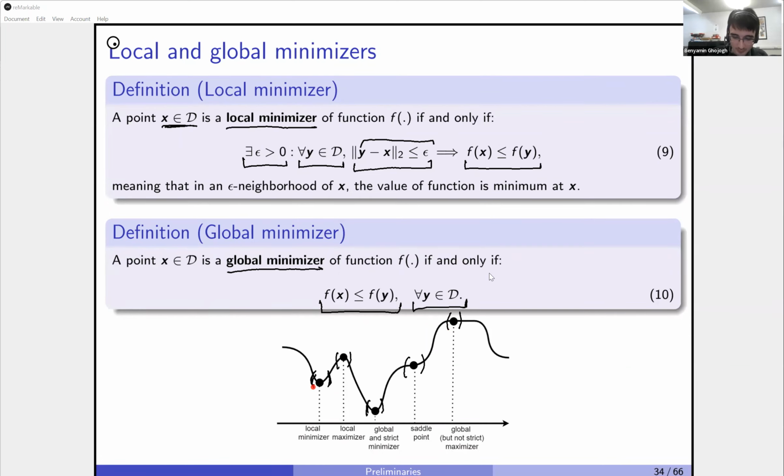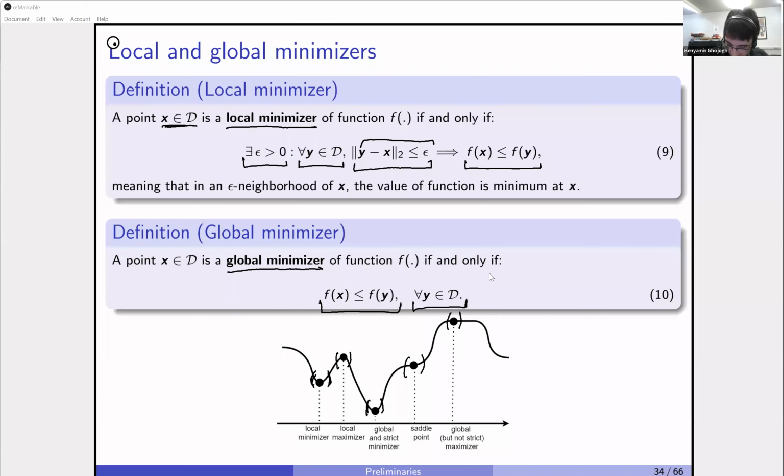But among, for example, these two local minimizers, this is also a global minimizer because in the whole domain, this is the minimum. So one of the local minimizers is absolutely a global minimizer, right? So a global minimizer is a special case of local minimizer. You can look at it in that way.